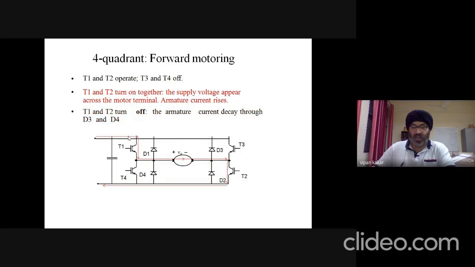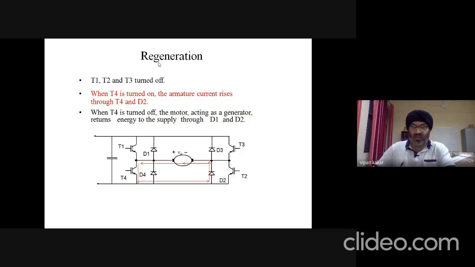In this case, the ramping up was done in the forward direction from left to right, as shown by this arrow, in forward motoring mode. In regeneration or in quadrant 2, the current will follow the opposite path, and it is actually ramping up the current through T4 and D2. And now when T4 is also turned off, only D1 and D2 will start to freewheel the current in this direction because T4 is now turned off.